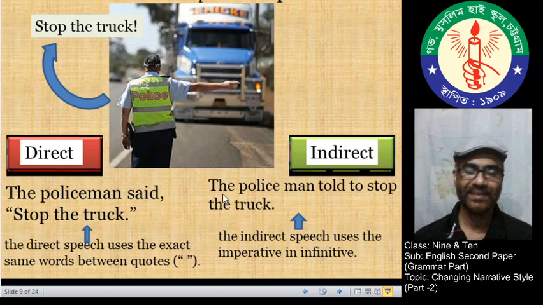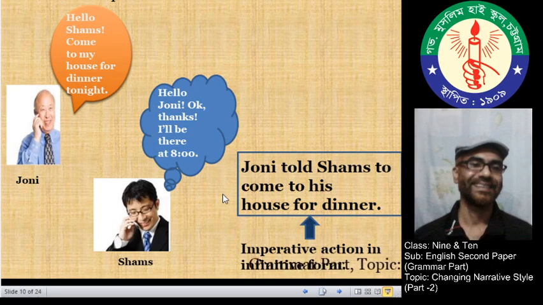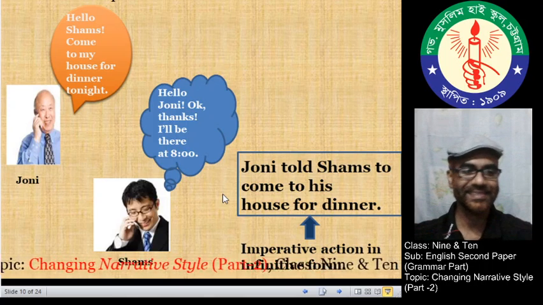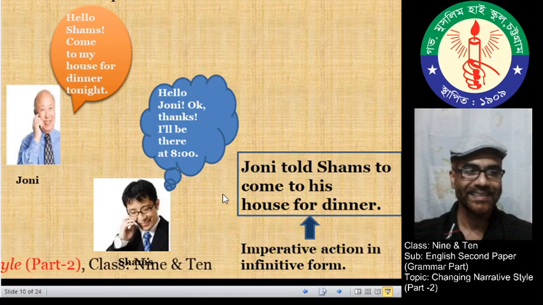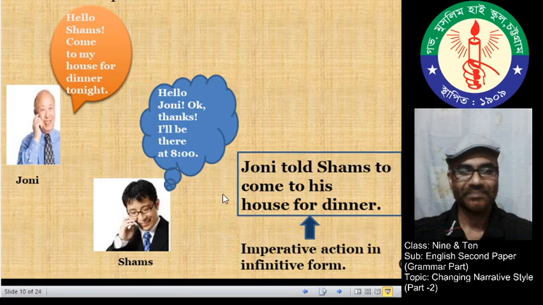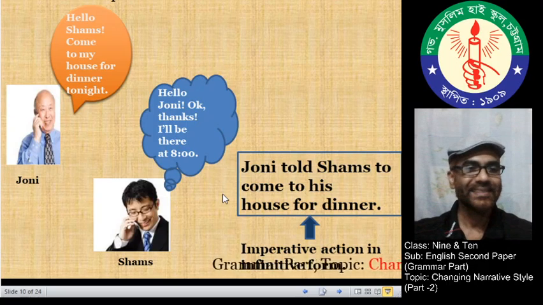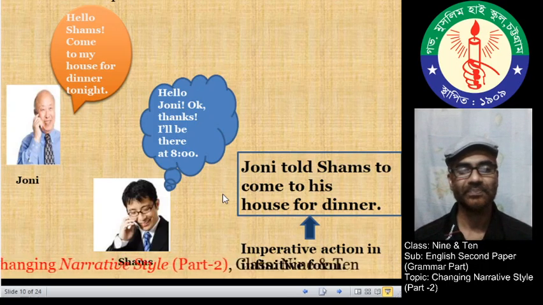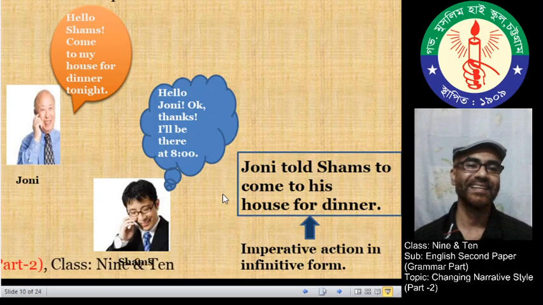Let's proceed on. You can understand better within a short time. Here are two persons, Johnny and Shams. Johnny is telling Shams, hello, Shams. Come to my house for dinner tonight. And Shams says, hello, Johnny.